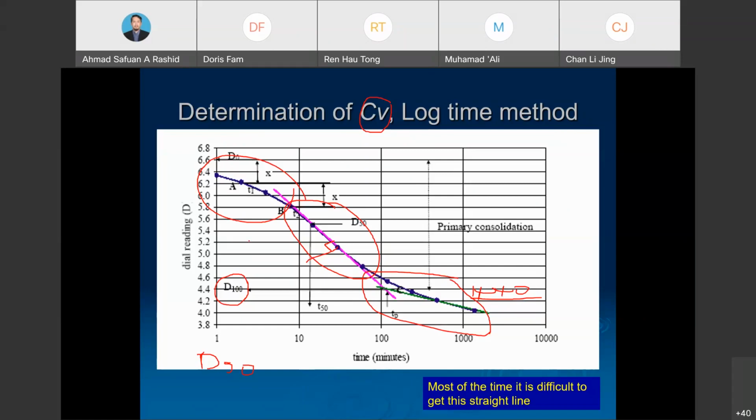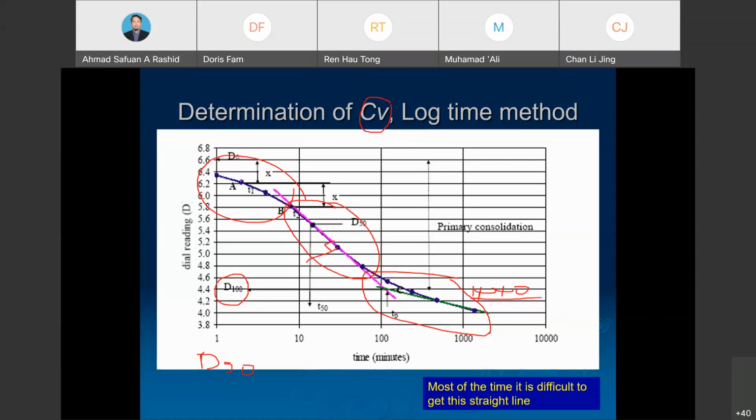So that is for the D100. Then to gain for the D0, ini awak kena beri perhatian. For the D0, we need to choose any point of time.